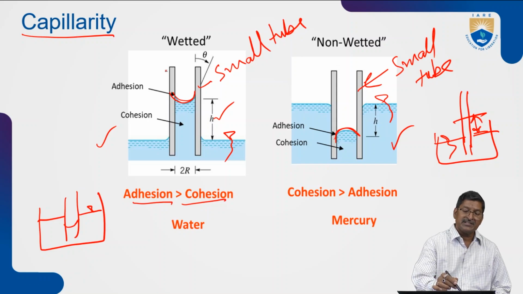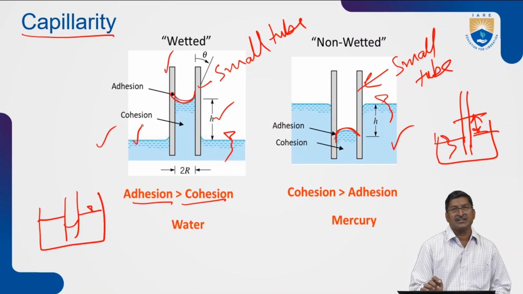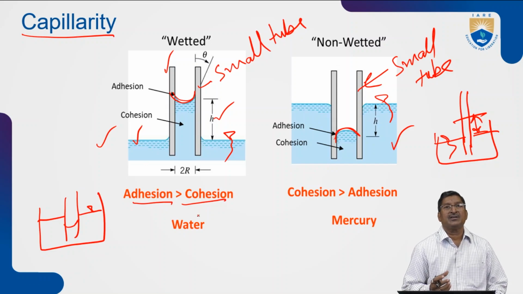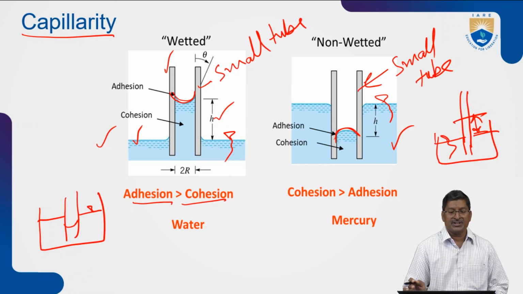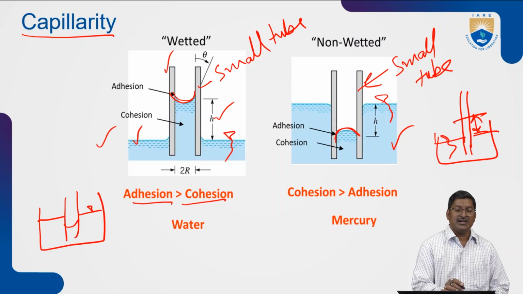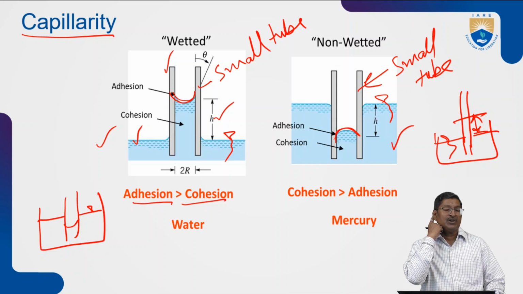The pipe material is different. The liquid material is different. If adhesion is more than the cohesion. Cohesion means the attraction between the same molecules. That is called cohesion. Attraction between different materials is called adhesion. So same molecules, different molecules.